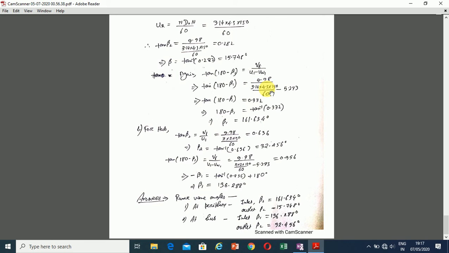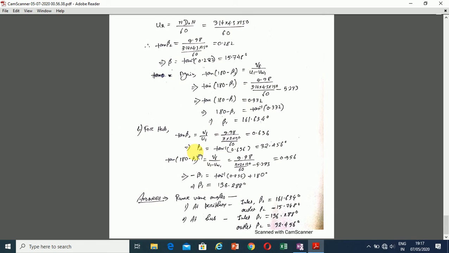We are talking about the outer periphery, so we take D naught as 4.5, so 3.14 into 4.5 into n, which is 150 as given, divided by 60, minus V omega 1, that is 5.273. So from here we can find beta 1 is equal to 161.634 degree.